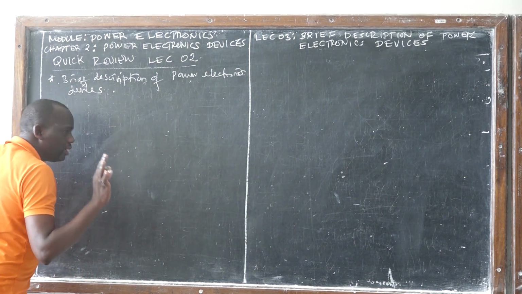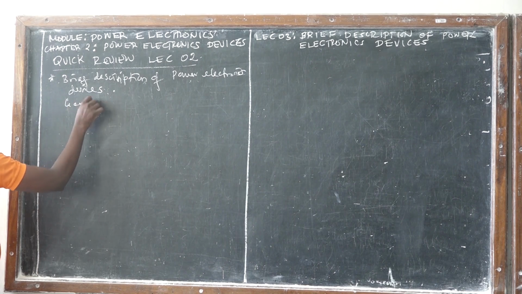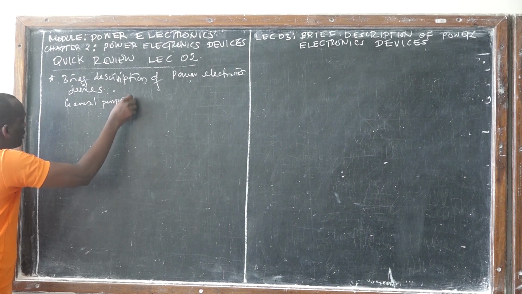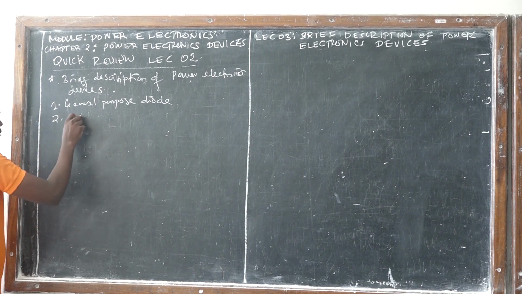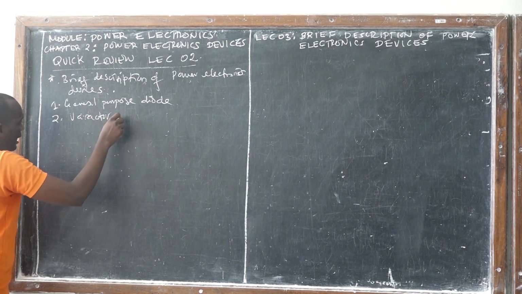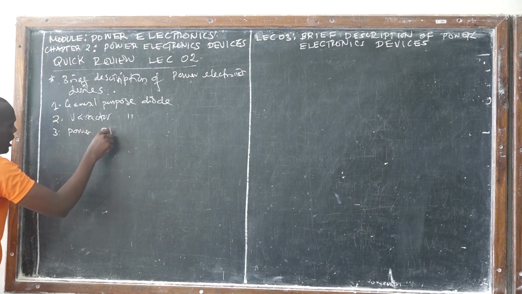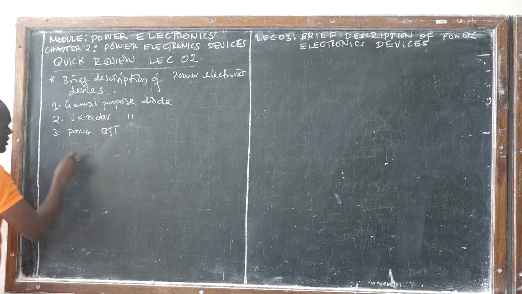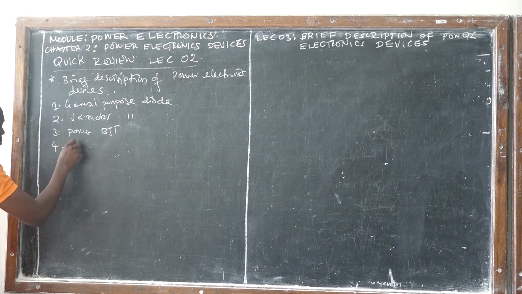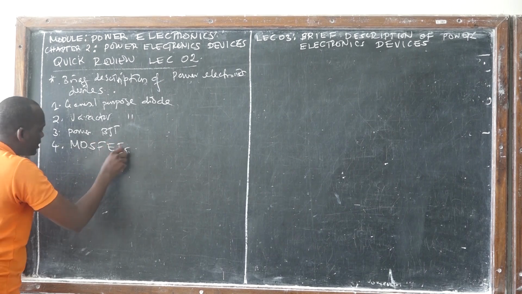So simply, we mentioned that we have general purpose diodes. That's the first power electronics device. The second one is varactor diode. The third one is called the power bipolar junction transistor. The fourth one is called the metal oxide semiconductor field effect transistors.